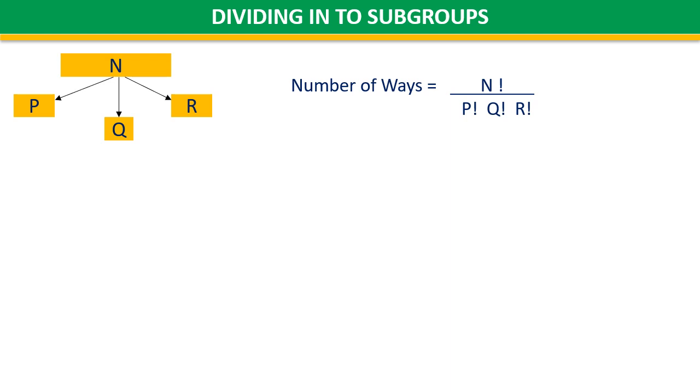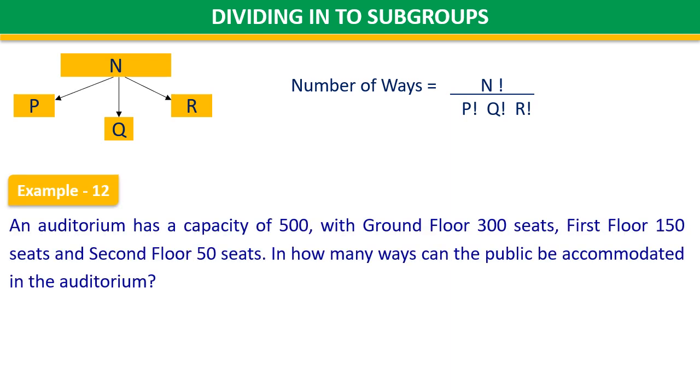Let us understand this with an example. An auditorium has a capacity of 500 with ground floor 300 seats, first floor 150 seats and second floor 50 seats. In how many ways can the public be accommodated in the auditorium? Let us say a crowd of 500 is coming to the door of that auditorium, and we want to divert that public by splitting it in the group of 300, 150 and 50.